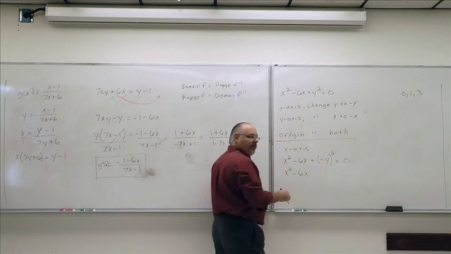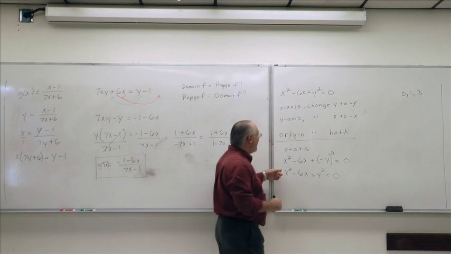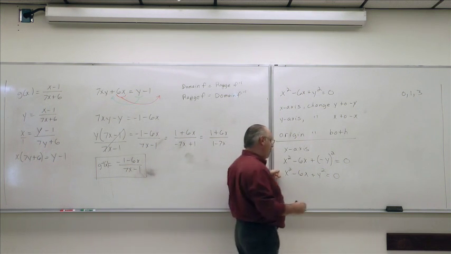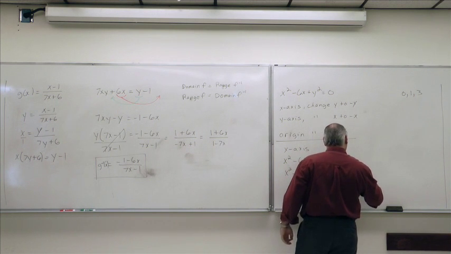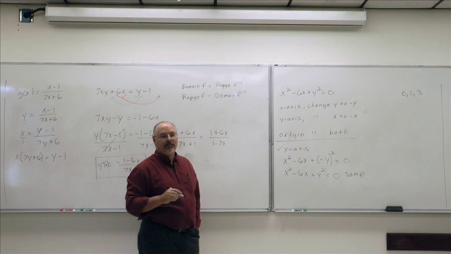So when I square the -y, I get a positive y squared equals 0. And is that the same equation we started with? Yes, right? It's the same. So that means we do have x-axis symmetry.